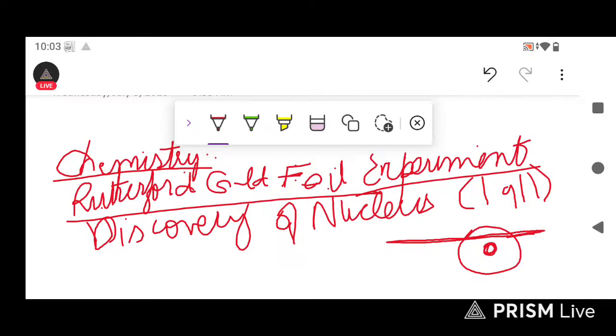He observed that a few particles were deflected at larger angles. When these particles come near the nucleus, they are deflected at a very large angle, and some bounced backside.